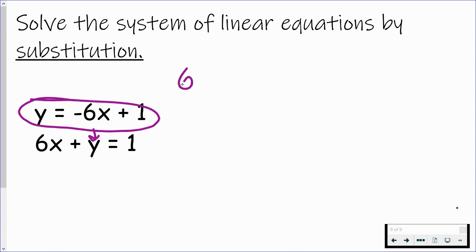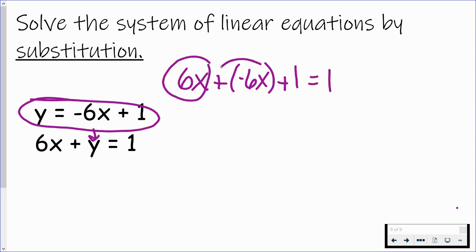So now I have 6x plus negative 6x plus 1 equals 1. I'm going to combine like terms. 6x plus negative 6x, they cancel each other out, leaving me 1 equals 1.